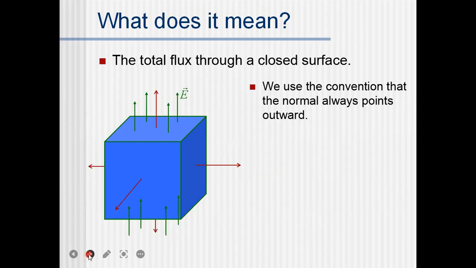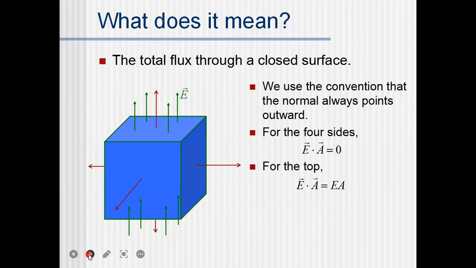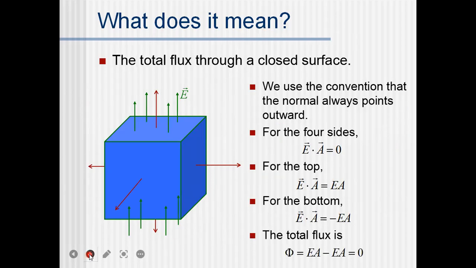There are four faces, and for four faces, we get the total electric flux equal to 0. For the top it is positive and for the bottom negative, because the angle is less than 180 degrees and greater than 90 degrees, and the total flux will be 0. We have discussed this.